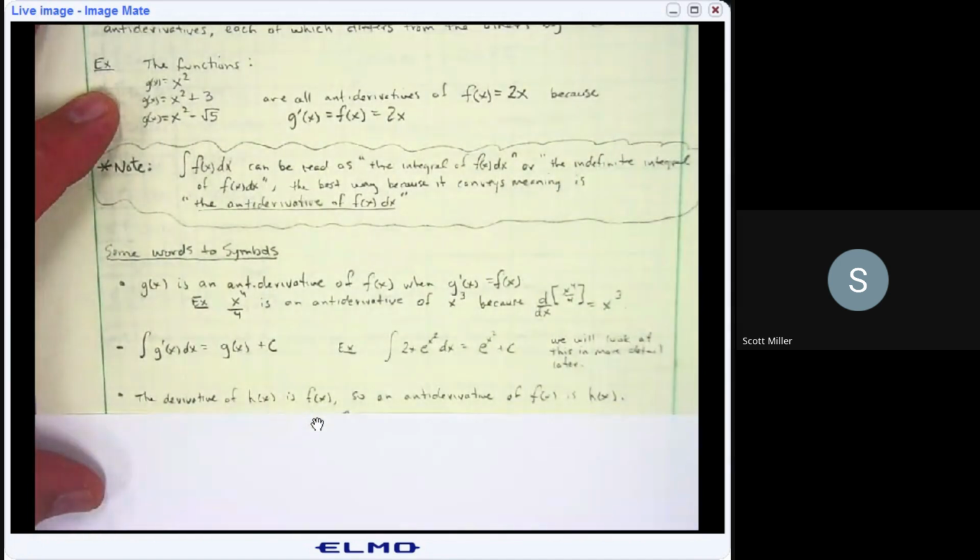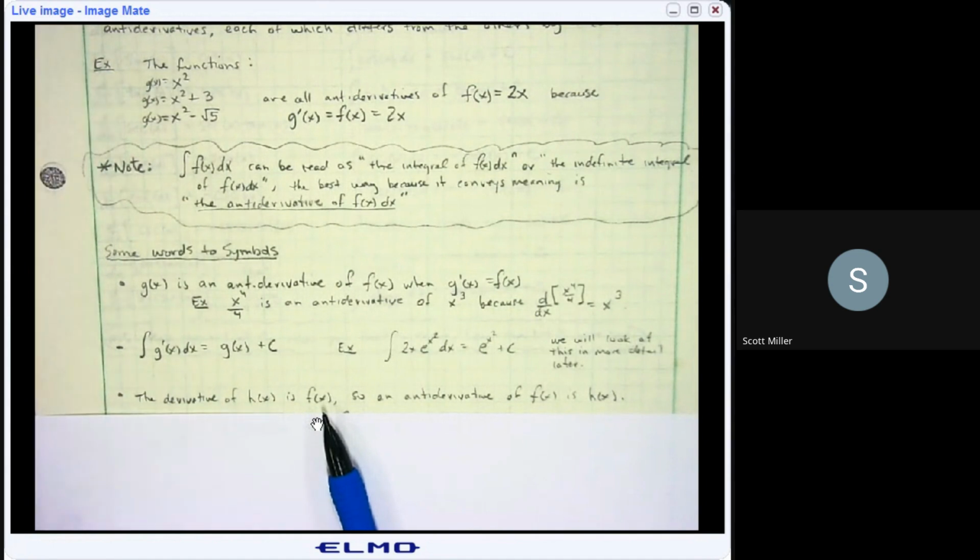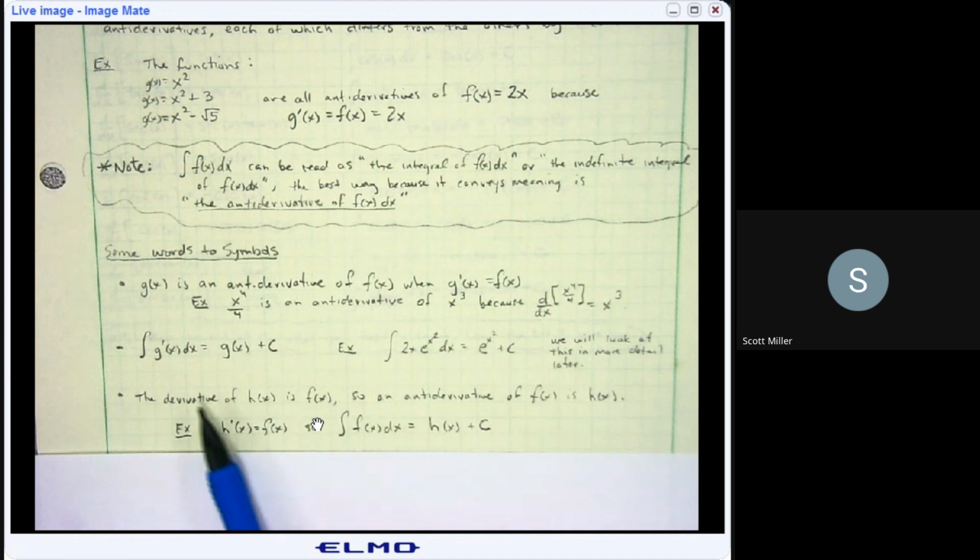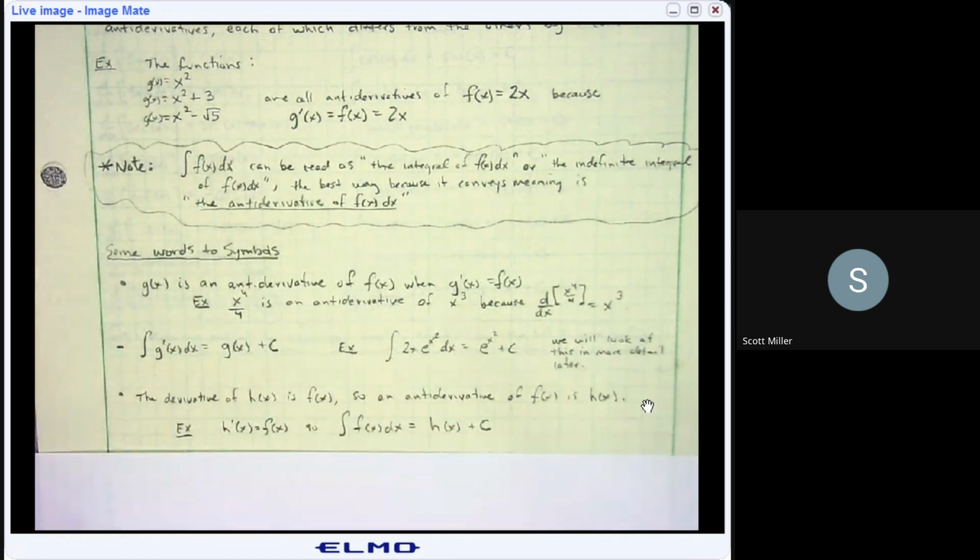The derivative of h is f of x. This is another way they can say it. The derivative of h is f of x, so the antiderivative of f of x is h. Once you have the wording, try to refer to it in the notation so you can see and think of it differently.